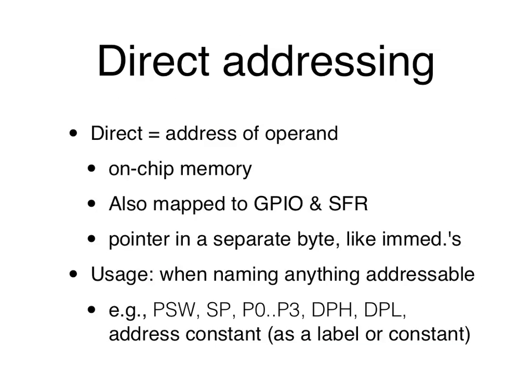Now, direct addressing means that you are specifying the direct address of the operand. That's residing in the IDATA, or sometimes called on-chip memory. And that includes also your general purpose I/O ports, special function registers, and all that. Now, you use direct addressing to name anything within the space.